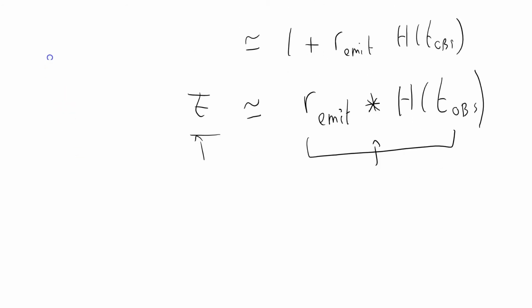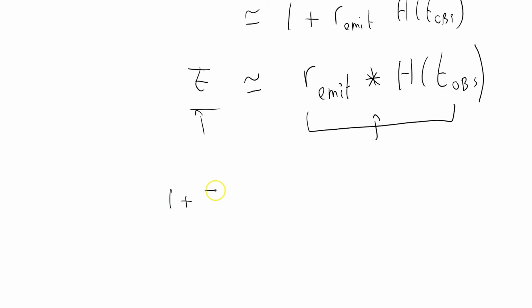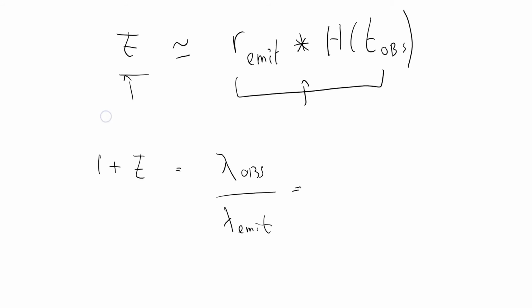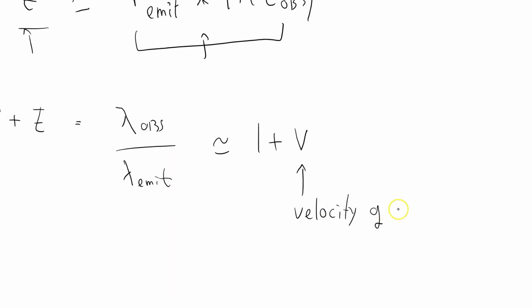Now, if I just go back to my original operational definition for z, that equals lambda observed over lambda emitted, which equals approximately 1 plus v, where v is the velocity of recession, the velocity of the receding of the galaxy.